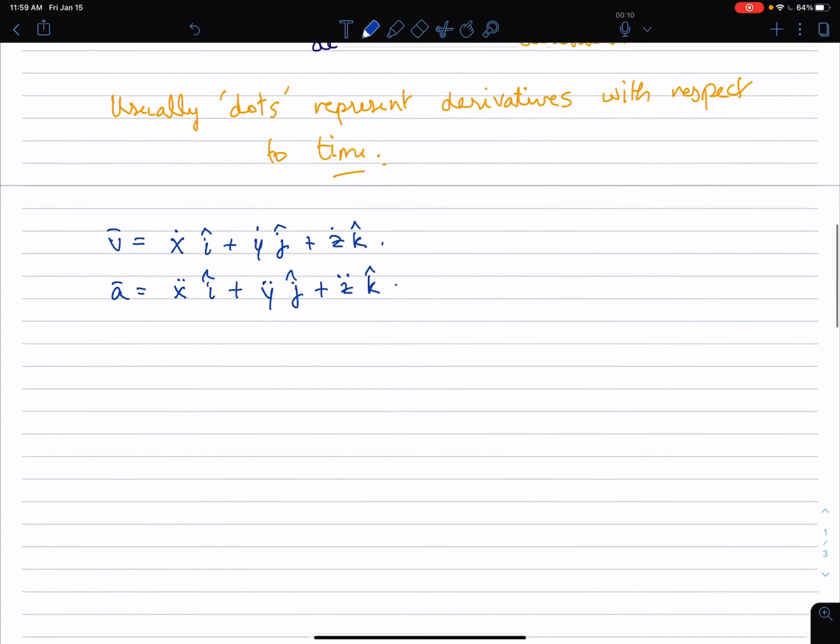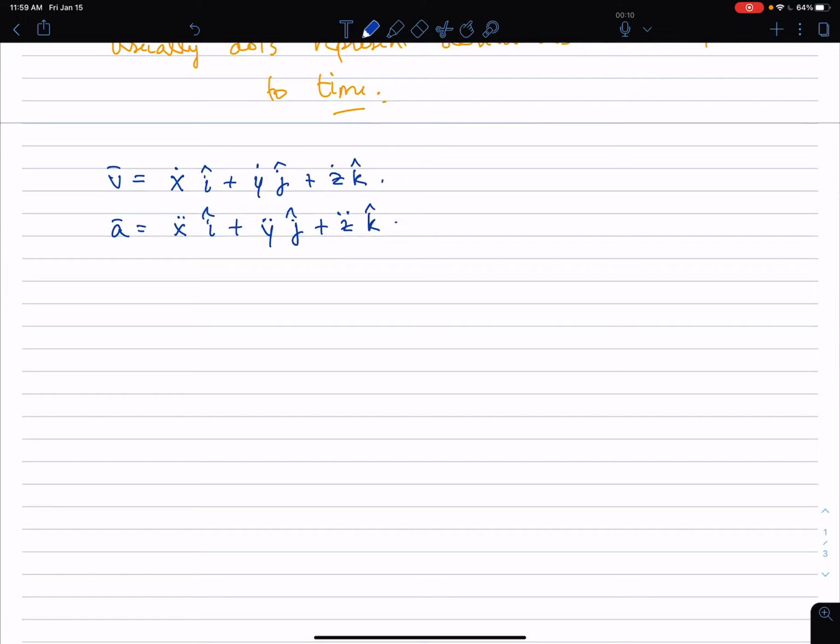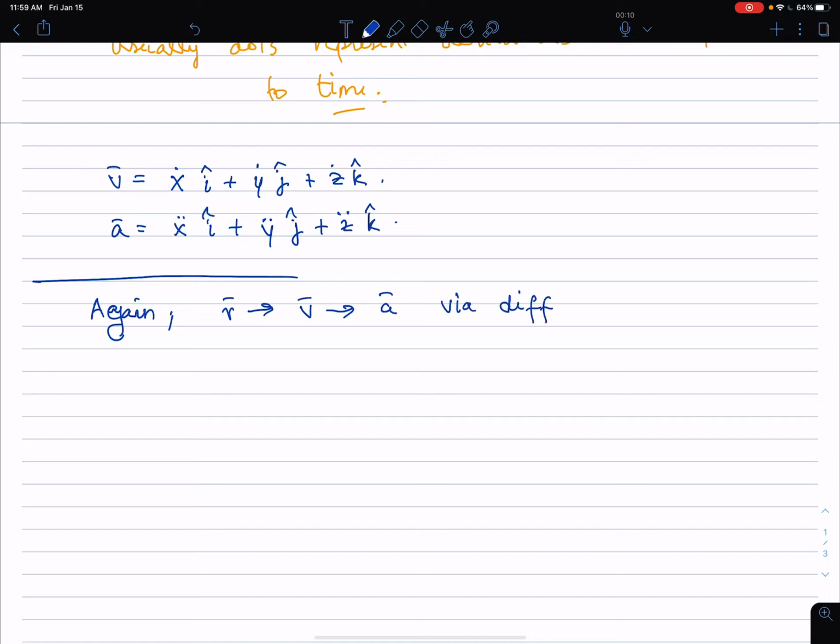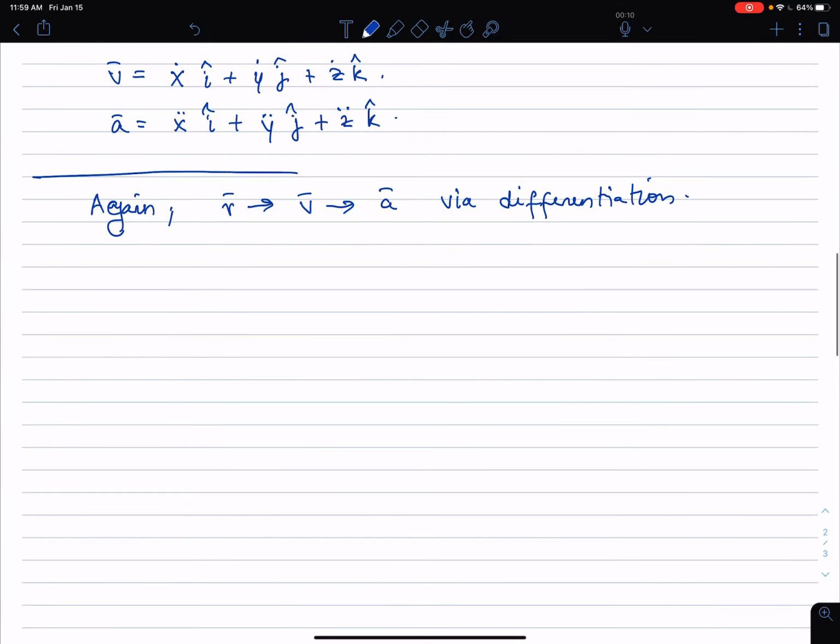Okay, so that's Cartesian coordinates. That's the basics of Cartesian coordinates. And again, we go from R to V to A via differentiation, and then we go from A to V to R via integration.